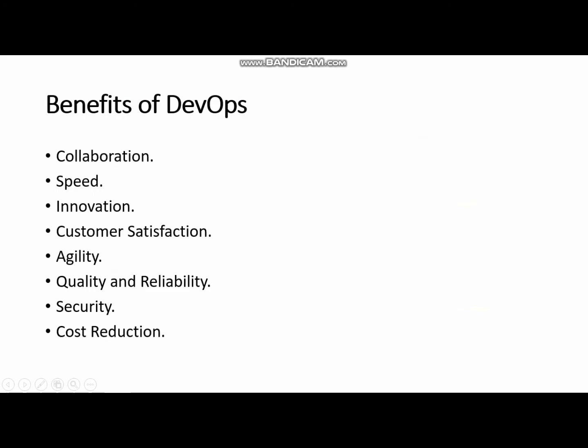Agility: DevOps allows organizations to be flexible in accepting new genuine requirements of customers, so it improves agility. Quality and reliability: DevOps makes testing critical, so it improves quality. By improving quality, customers can trust DevOps, and this way we can improve reliability.